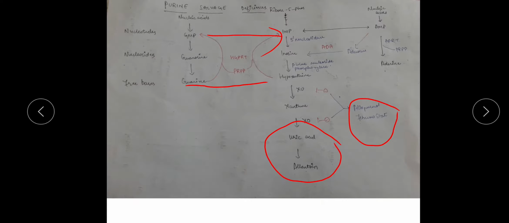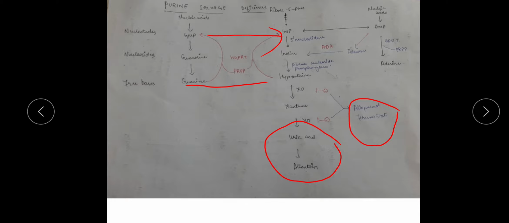IMP forms AMP and GMP. The conversion of IMP to GMP is mediated by inosine monophosphate dehydrogenase, and this enzyme is inhibited by mycophenolate and ribavirin. 6-mercaptopurine and azathioprine also inhibit de novo purine synthesis.